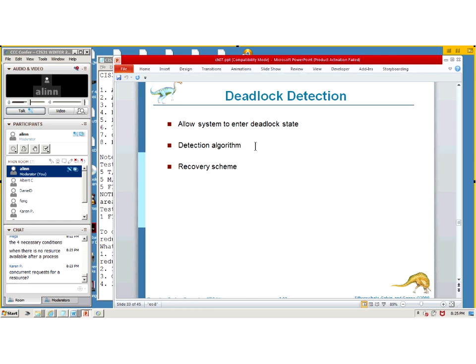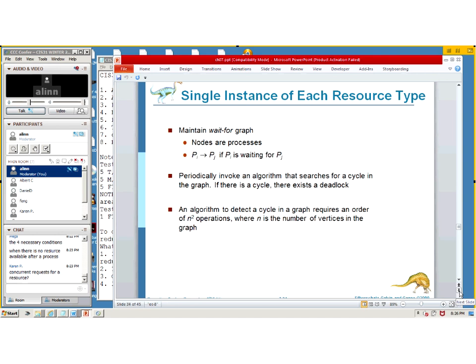Because you don't know if it's really happened or not until the system starts really slowing down and things aren't going through at a normal throughput rate. It just may be slow, it may not be deadlocked. So you've got to have a detection algorithm. So let's take a look at that.